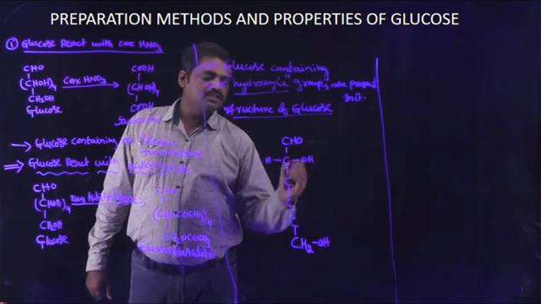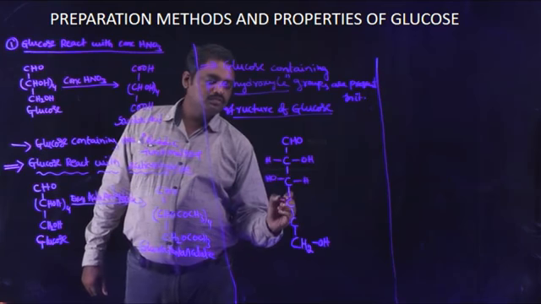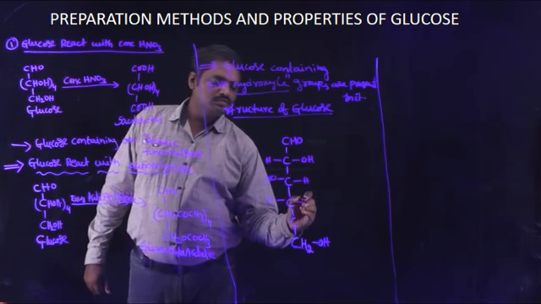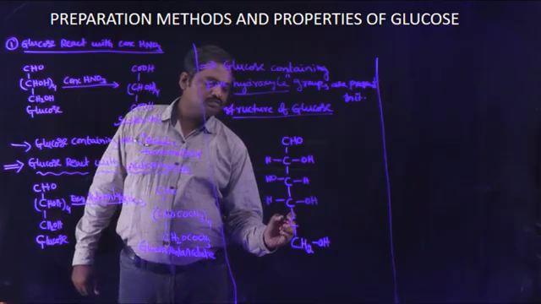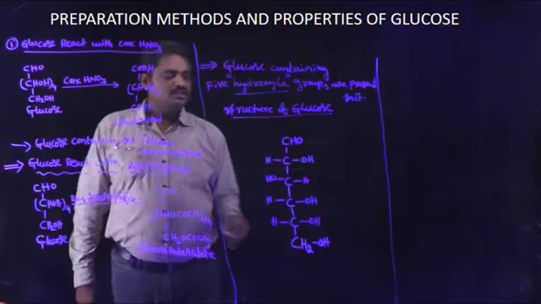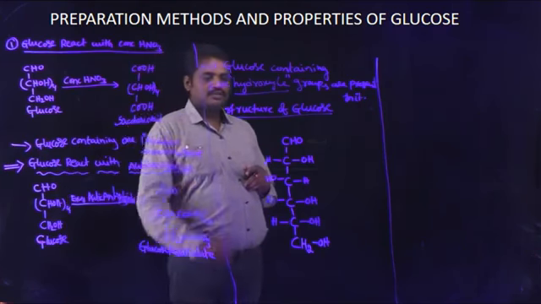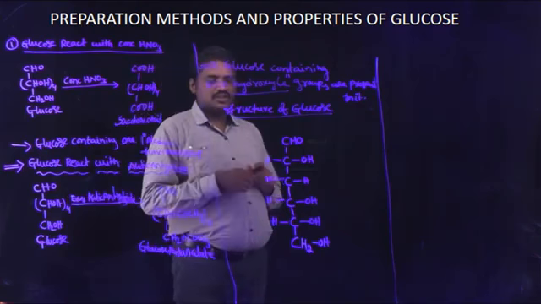Carbon valence is 4. All carbons are satisfied by valency. So in total 5 hydroxyl groups are there.